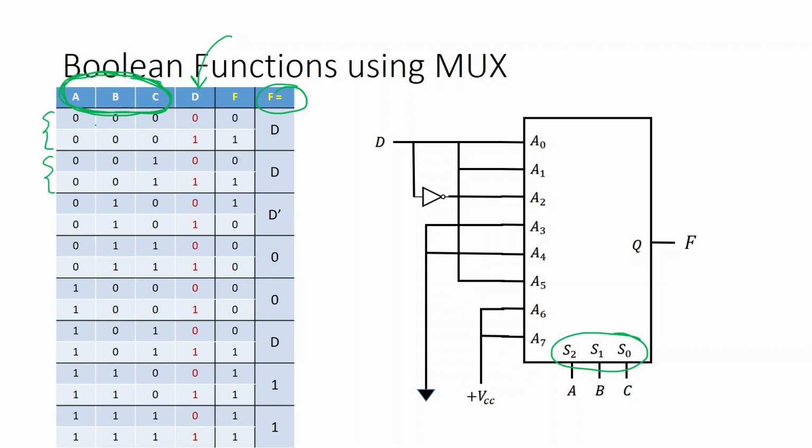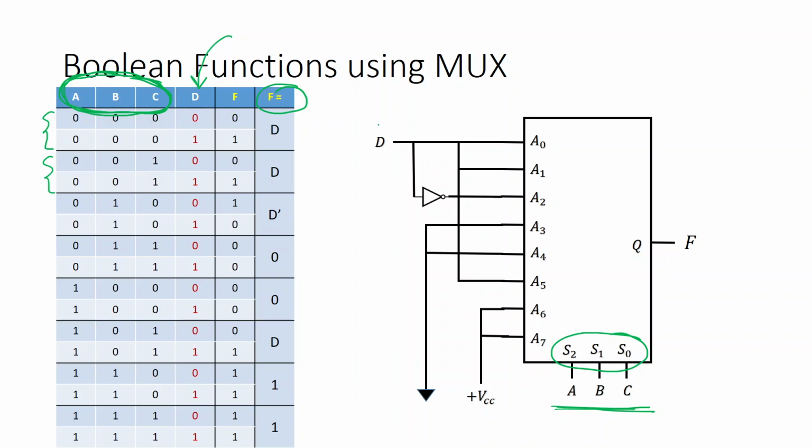So these first two have ABC as 0, 0, 0, next two have ABC as 0, 0, 1, and like that. So this ABC is at the selection input, when it is 0, 0, 0, now I will see what my F is in terms of D, and I evaluated that F is D itself.